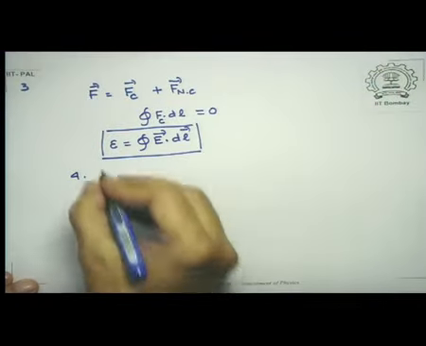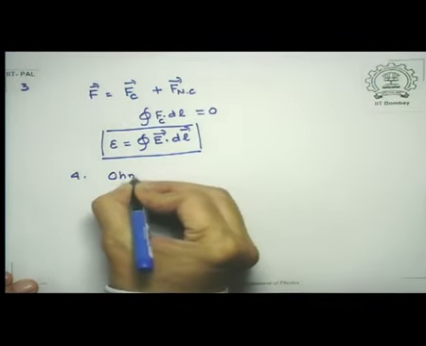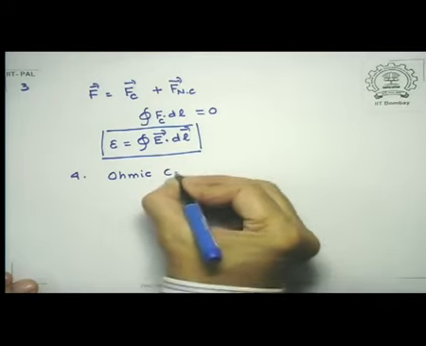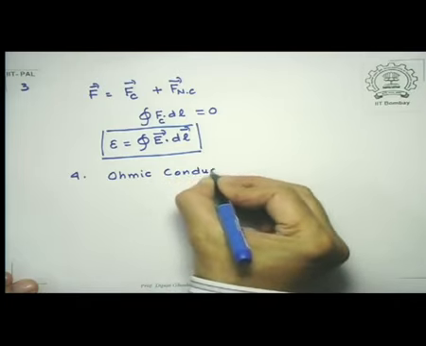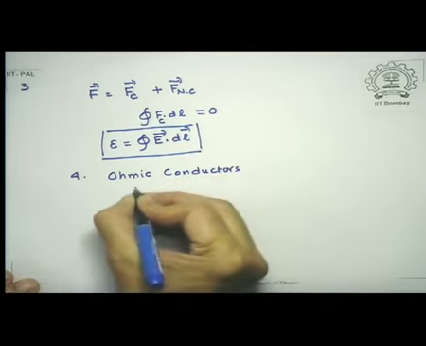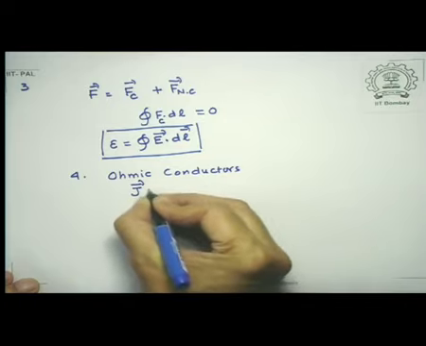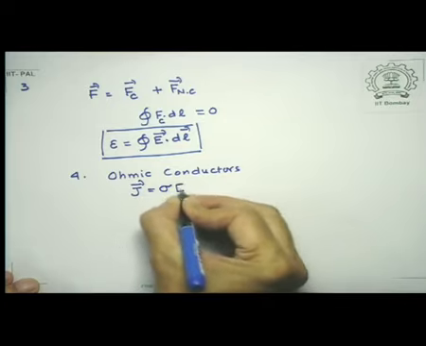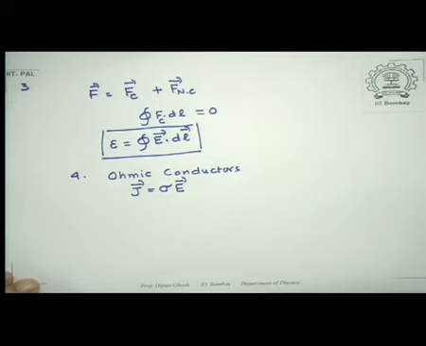Having done this, what we did is to summarize what happens for ohmic conductors. We had seen that the current density is related to the electric field by J equal to sigma E, where sigma is the conductivity.